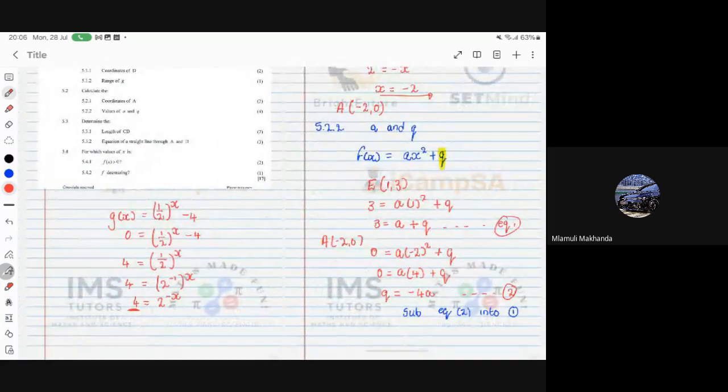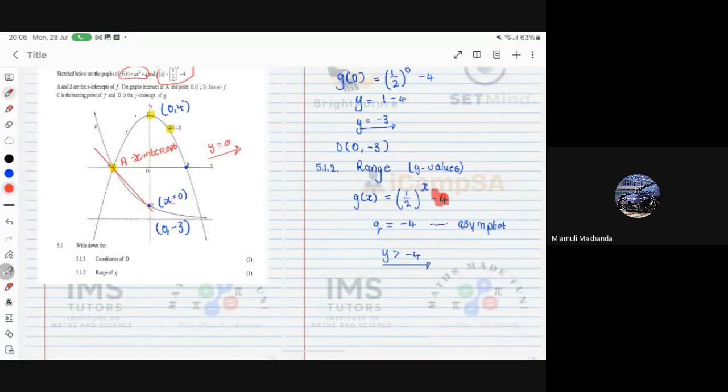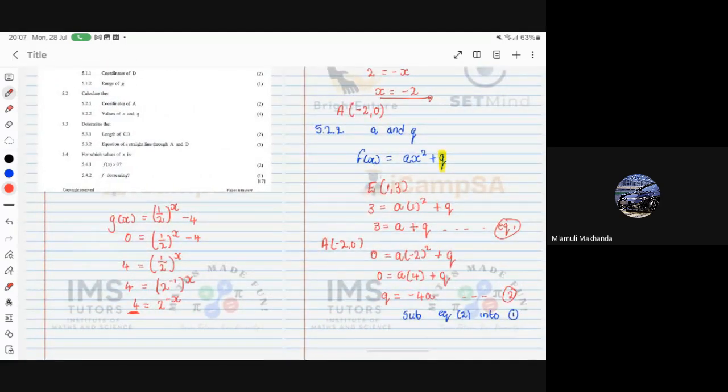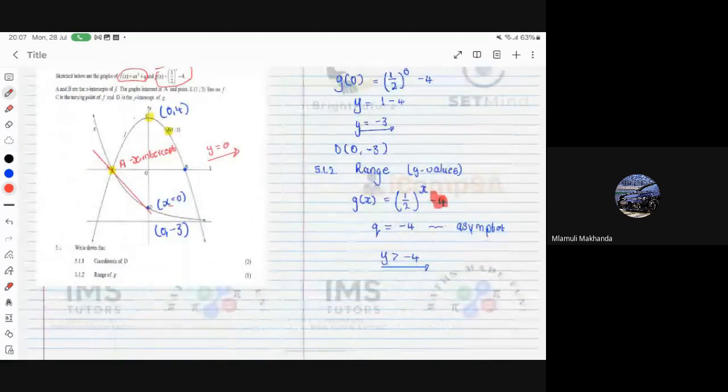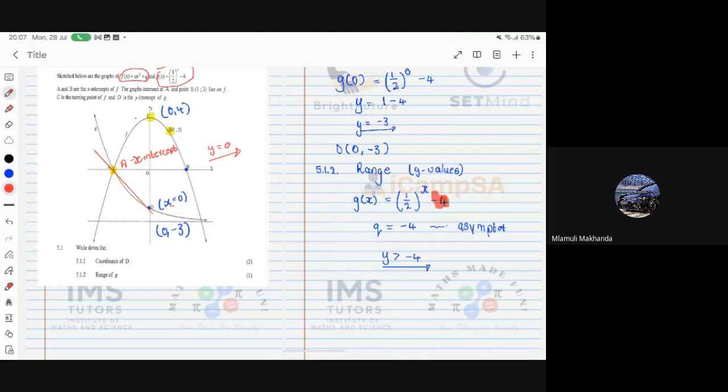So if they are saying it's f of x, what they are saying is basically this graph here, the parabolic function, whereby the parabolic function is greater than 0. So I just want to show you graphically first.